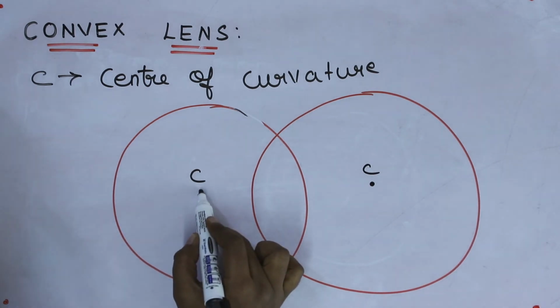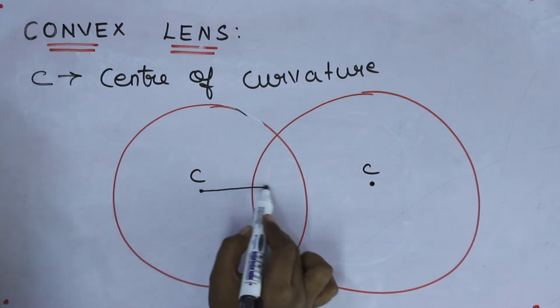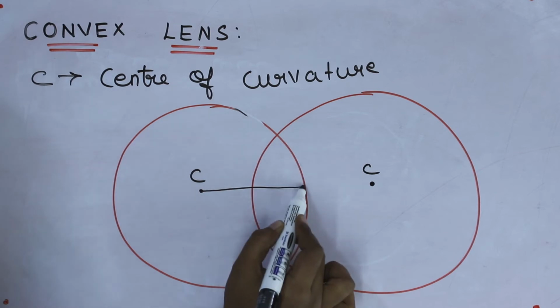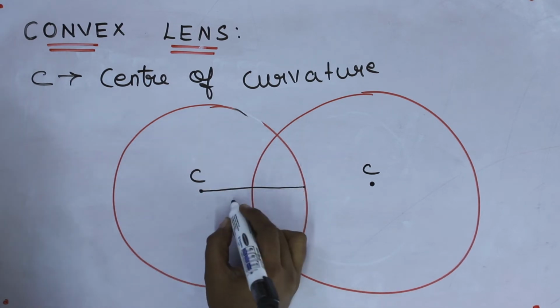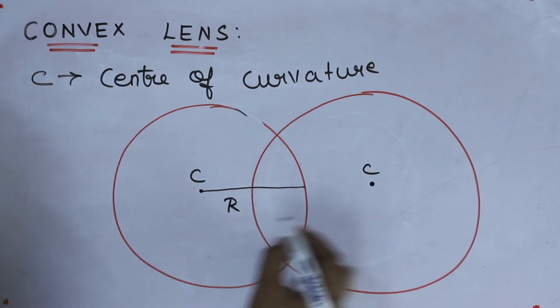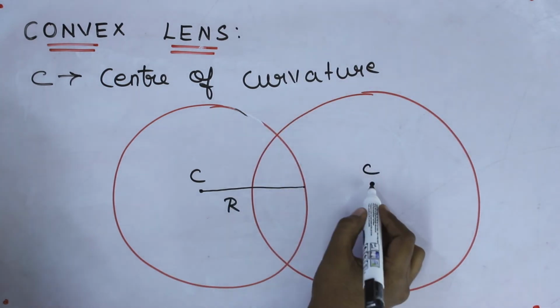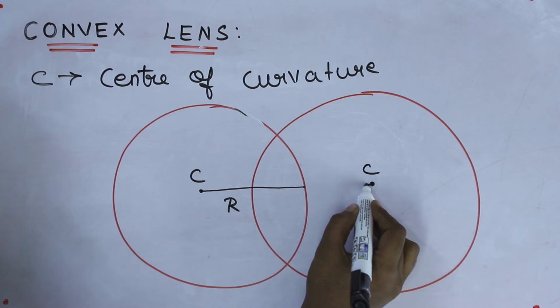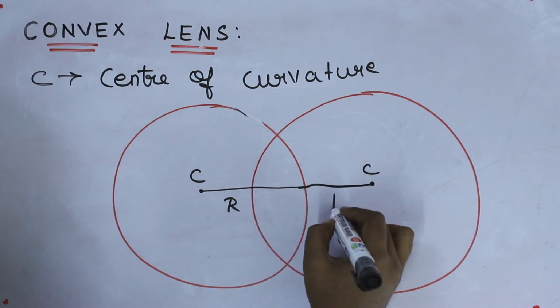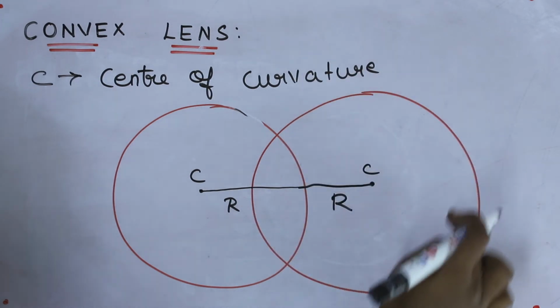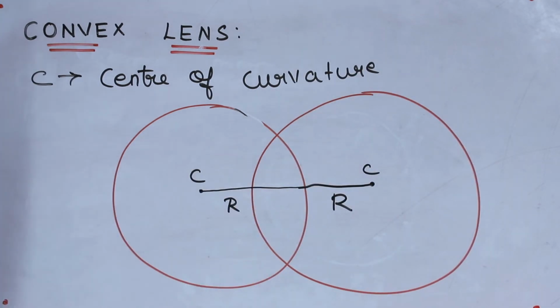I am extending the line from the center of curvature till the surface ends. This is said to be the radius. And for this surface, I am extending from C till here. This is the radius of the spherical surface.